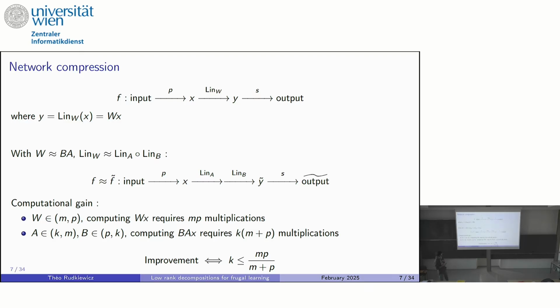Computing BAx through two layers requires k times (m plus p) multiplications. So in the end, we have an improvement if the rank is small enough. And in practice, as we often have very, very big neural networks, there is good reason to think that we can find such a rank that gives us fewer operations after compression.